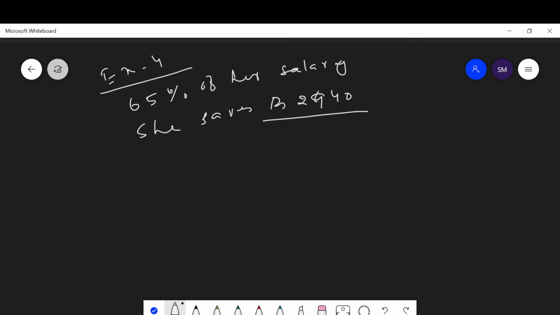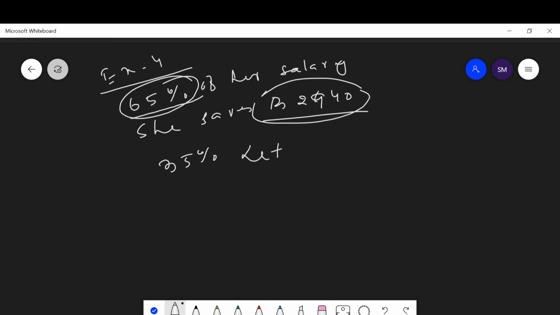Here the condition says, out of Sarita's salary, she spends 65% and the rest 35% she saves, which is equal to 2940. Here the question is asked to find the salary of Sarita.